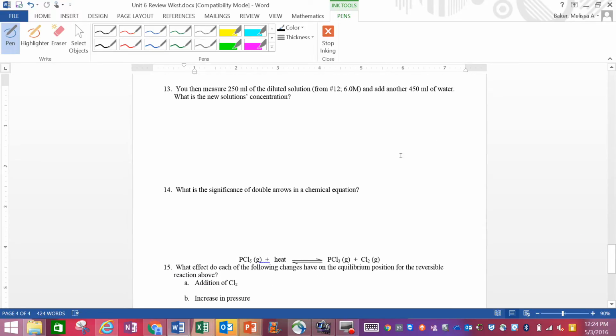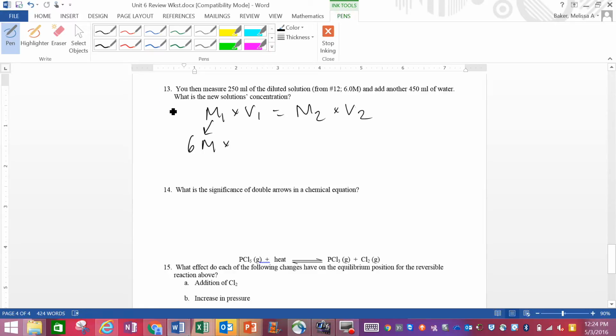You then measure 250 milliliters of the diluted solution from number 12 and add another 450 milliliters of water. What is your new solution's concentration? Okay. Again, it's another dilution. I'm adding water, so that tells me I need to use the dilution equation. So my stock solution is 6 molar.